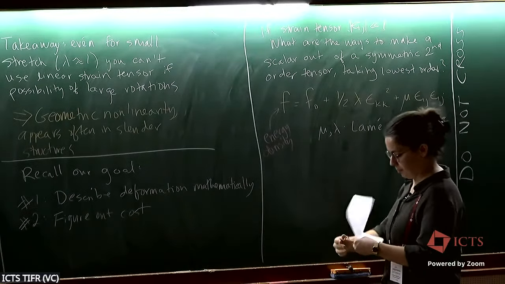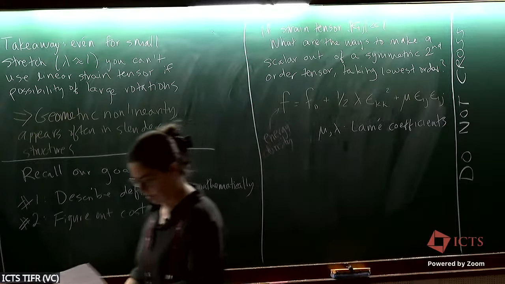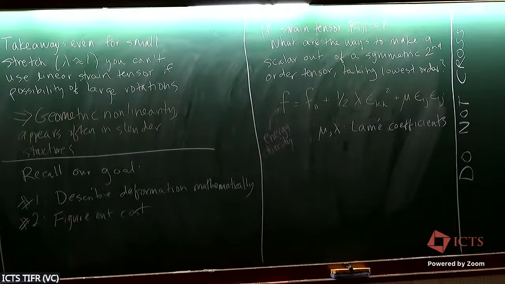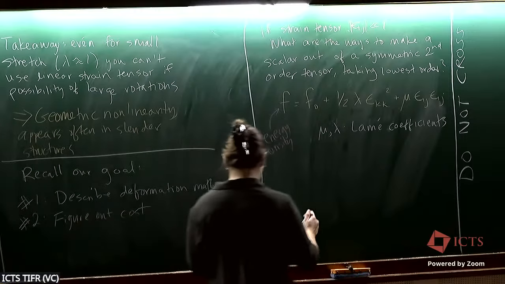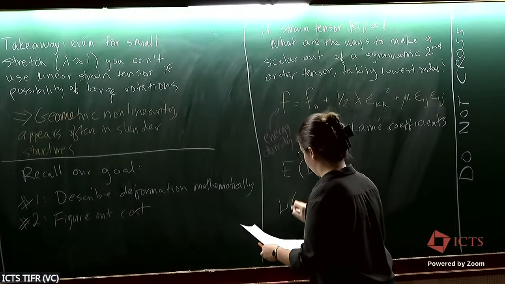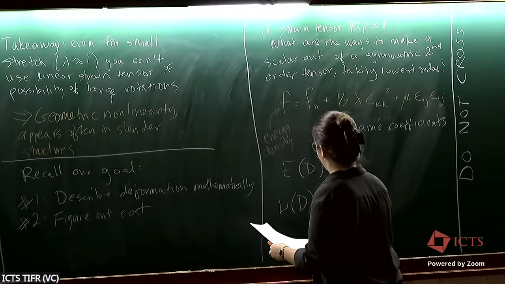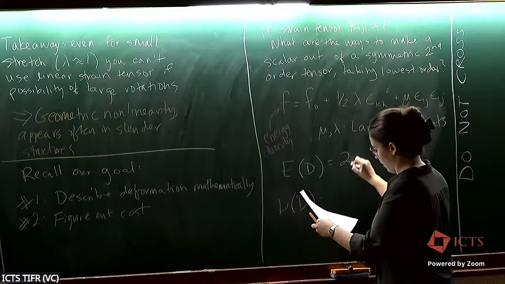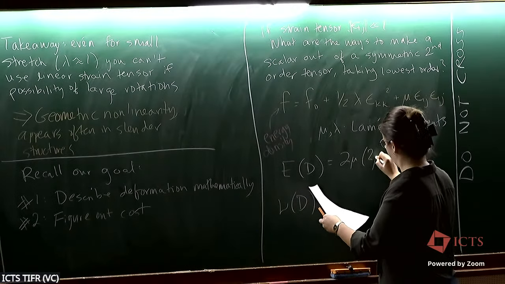And then you end up actually with, let me write these down now. What you end up with is expressions for the Young's modulus and the Poisson's ratio, which you might be familiar with from linearized elasticity, that actually depend on the dimension.